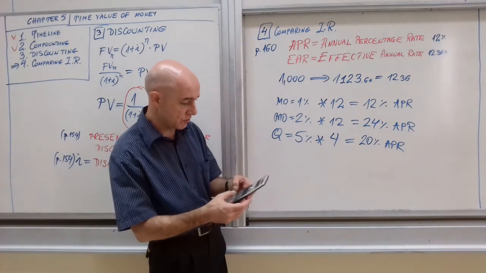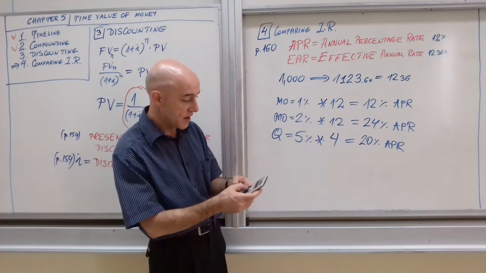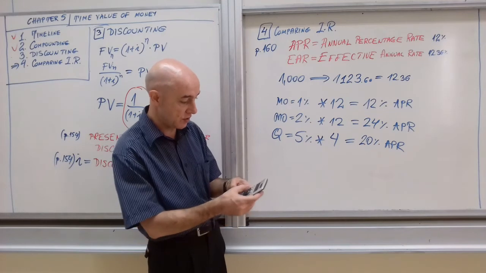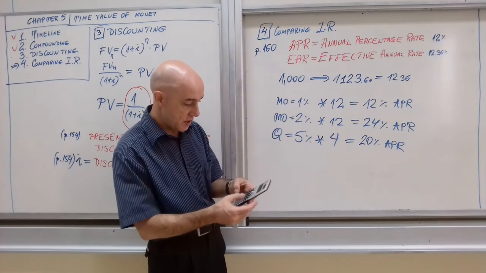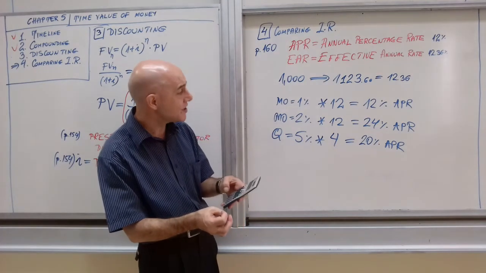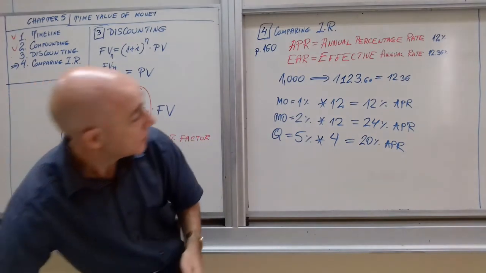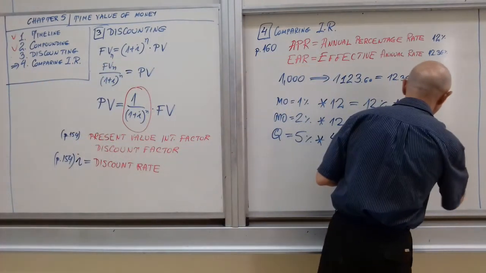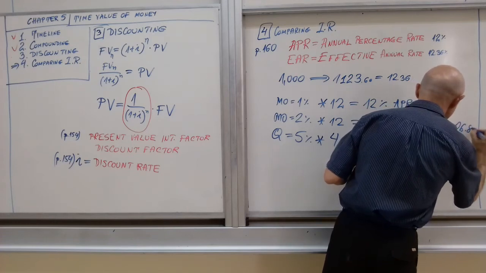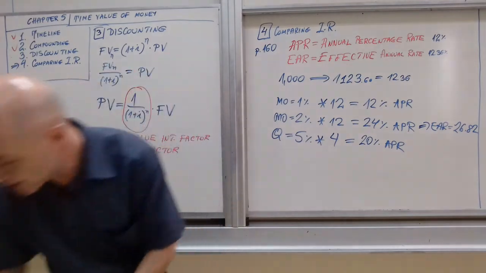Payment is 0. Future value is, we're going to calculate. And now it's 12 times. Calculate the future value. And say solve. 26.82, it tells me. That's what my calculator says.